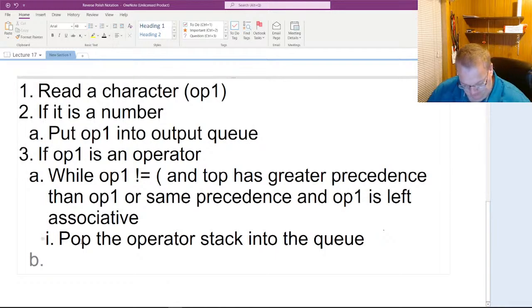Okay. So it says take whatever's on top of the operator stack and push it onto the output.